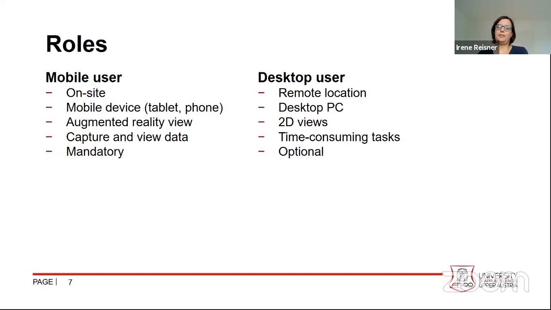We do need access to the 3D scene, and we need screenshots and all that stuff. The desktop user is very important for the use cases we had in mind, but it's still optional, and there might also be use cases where only mobile users access the data.